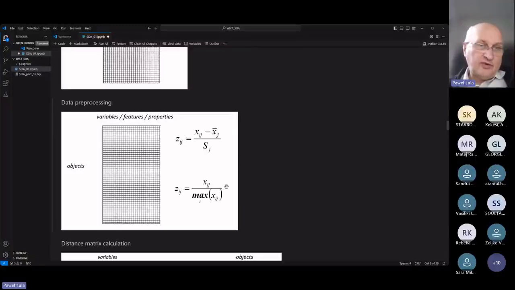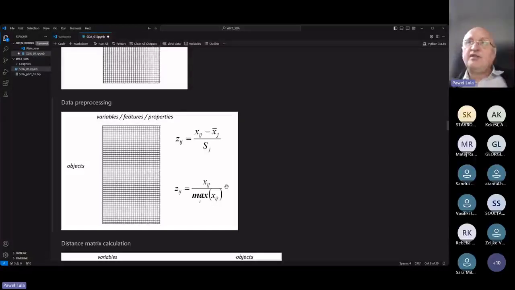But when we are talking about the amount of information connected to every variable, it causes that the significance of every variable is the same.